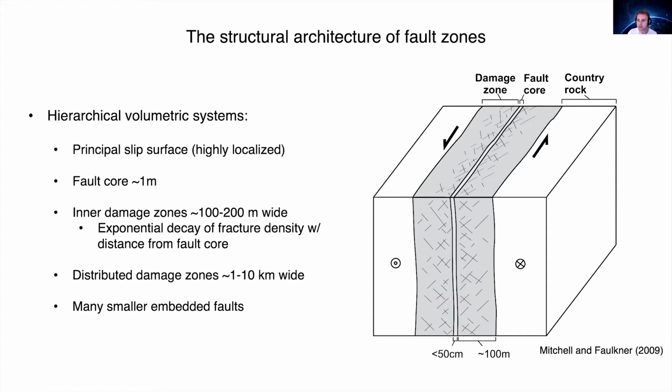You're talking about meter scale or so for the core. That might be surrounded by damage zones with lots of distributed cracking that exponentially decays with distance from the core. Eventually it decays to some kind of country rock. But often we see damage distributed for kilometers or so. This shows up often in thermography.